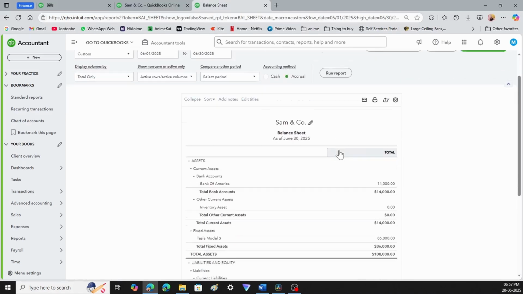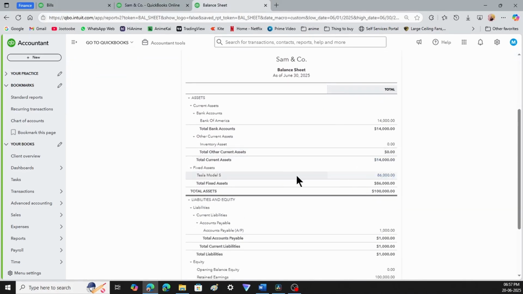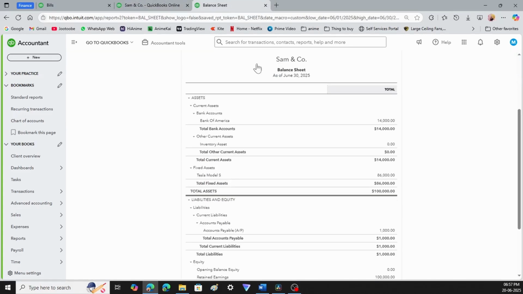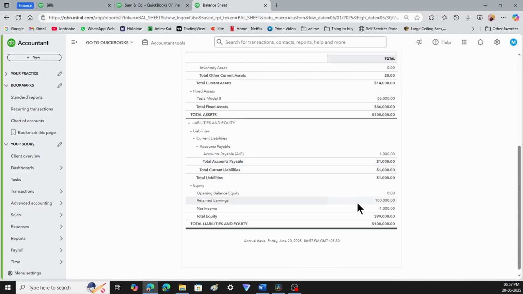Here you can see that $86,000 model Tesla S and $14,000 bank, there is no change. Since we are paying someone and the paying category covers the liability side, here you can see that, right? And account payable, let's open 1000.